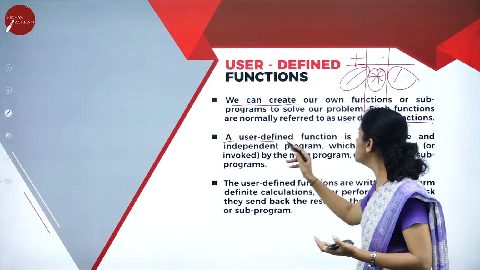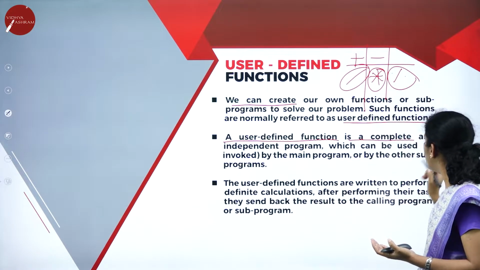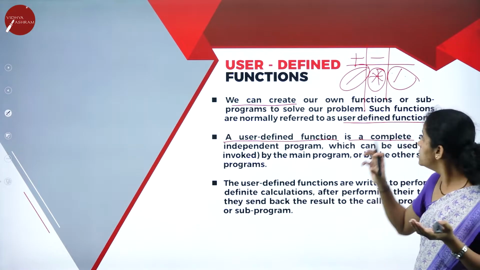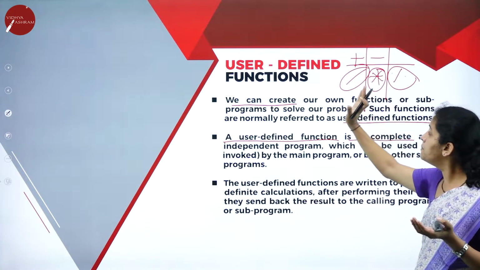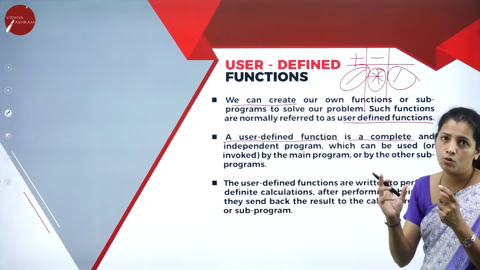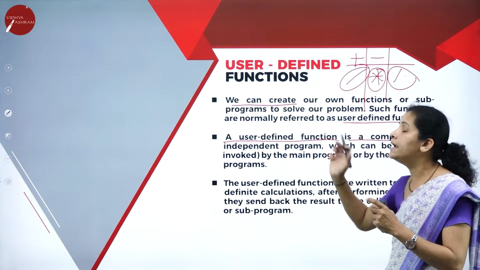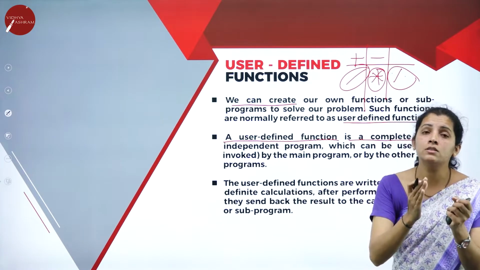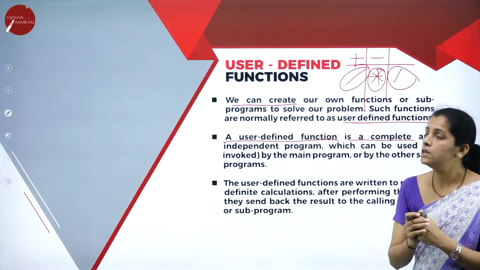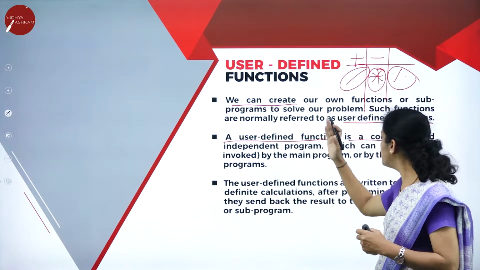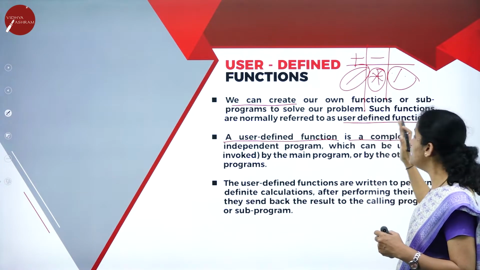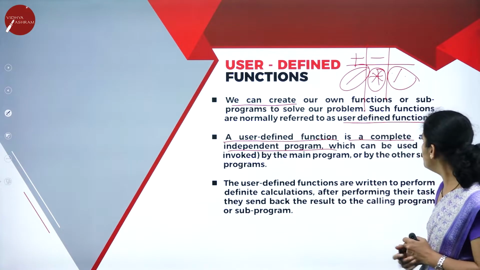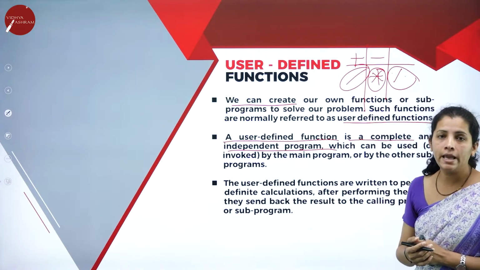So a user-defined function is a complete and independent program. That means it is not going to depend on some other subprogram. A user-defined function is a complete and independent program which can be invoked in the main program.